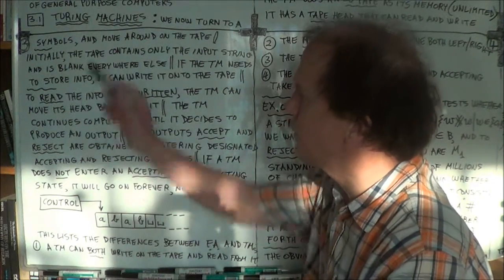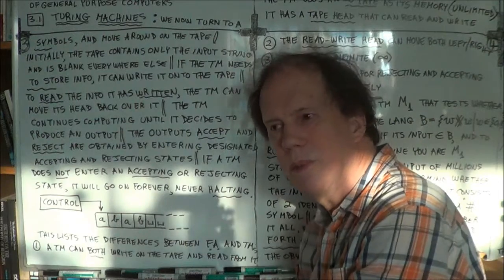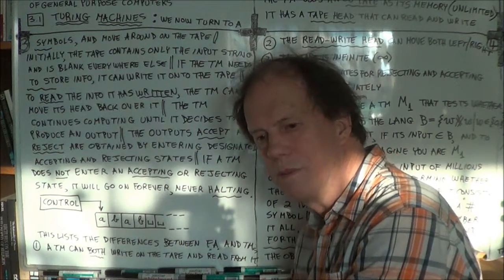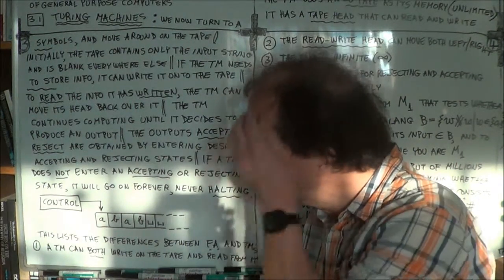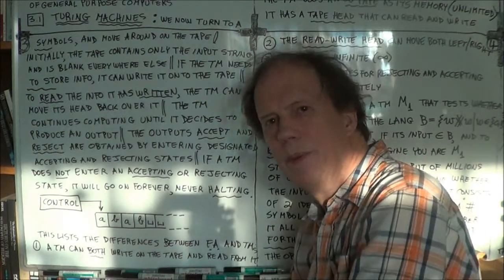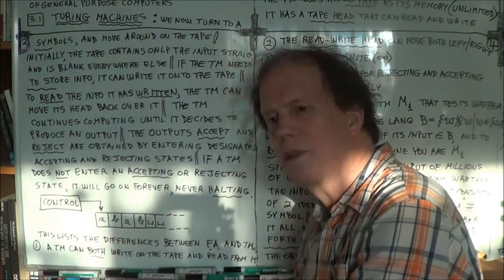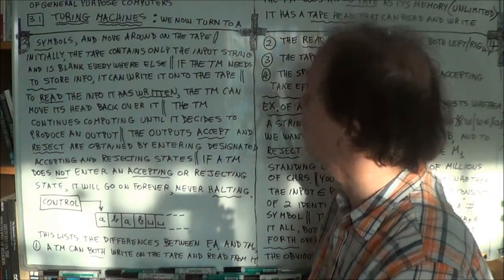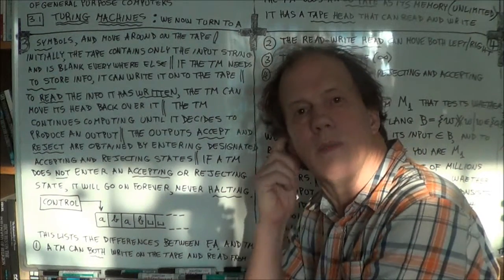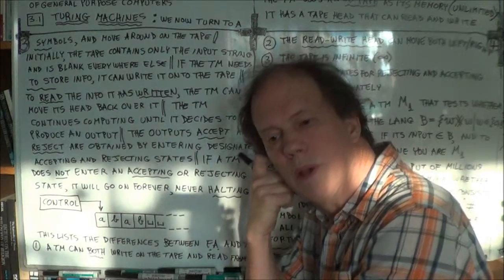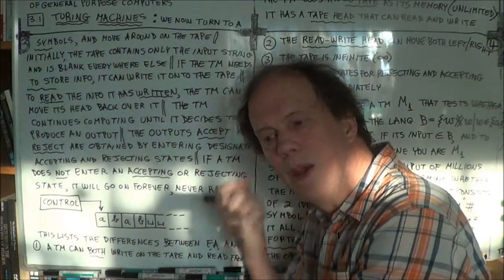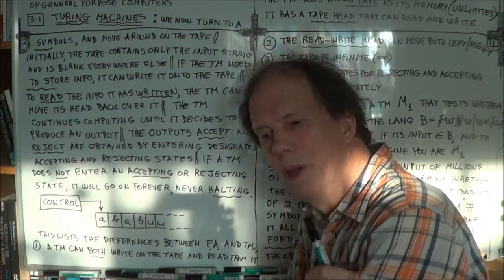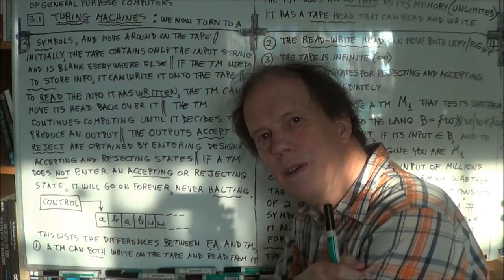now a few more details about the mechanics, the nature of the TM, the Turing machine. So initially on the tape, when you start your computing process, you'll have an input stream, just the same way you would with a finite automaton, okay? And the rest of the tape, this infinite tape, is just full of blanks, okay?